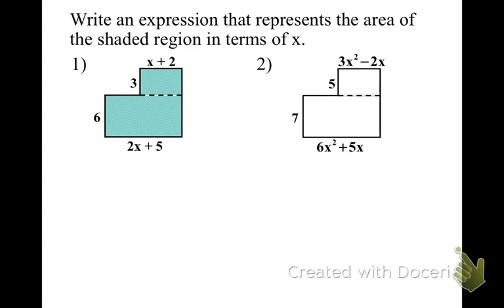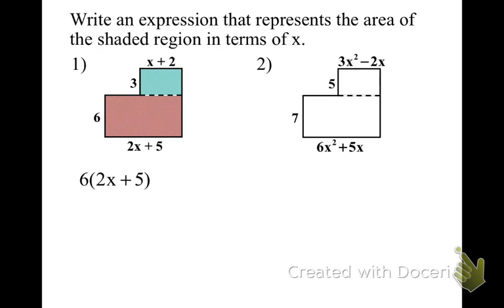Write an expression that represents the area of the shaded region. So remember, for a rectangle, the formula is length times width. So we're doing area of a big rectangle plus the area of a small rectangle. Okay, let's see how they write this out. The big rectangle is 6 times the quantity of 2x plus 5, right?